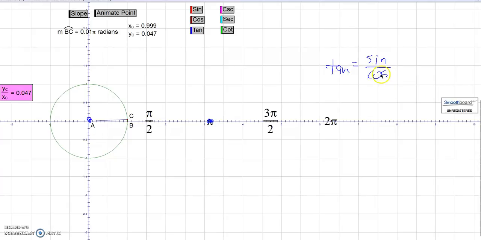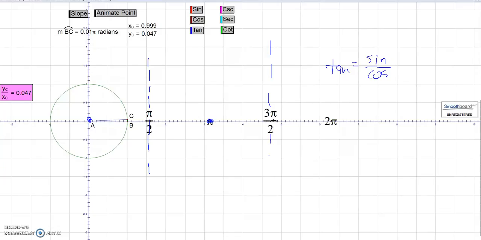When cosine is 0, I am dividing by 0. I get undefined, and generally that means a vertical asymptote. Cosine is 0 at pi over 2 and at 3 pi over 2. So that means on my graph I'm going to have a vertical asymptote right here, and also at 3 pi over 2.